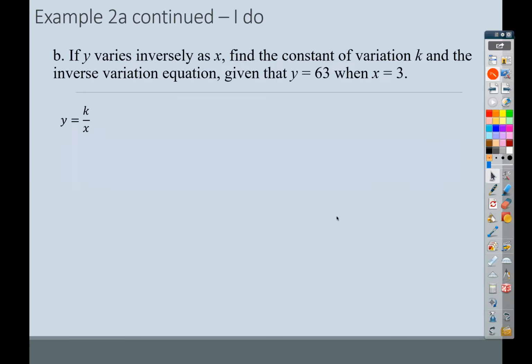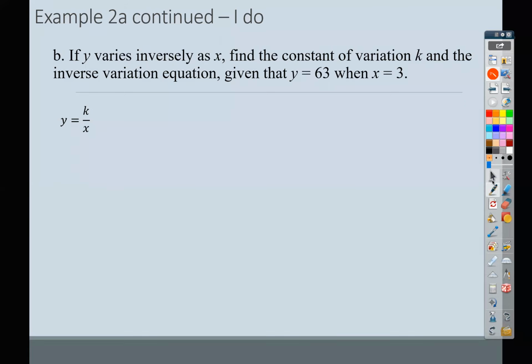Y varies inversely as x. Find the constant of variation k in the inverse variation equation given that y equals 63 when x equals 3. We know that k equals x times y in inverse variation.